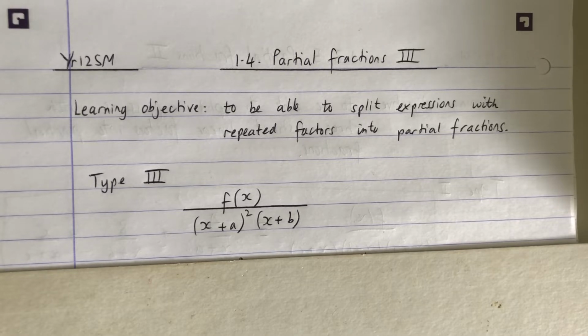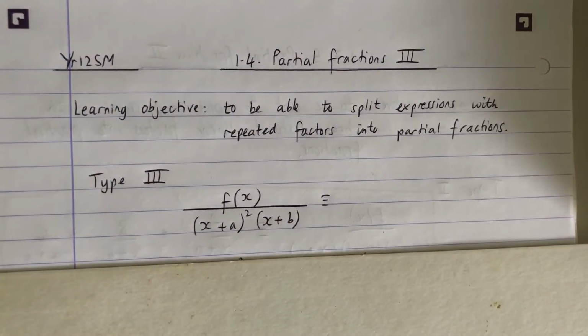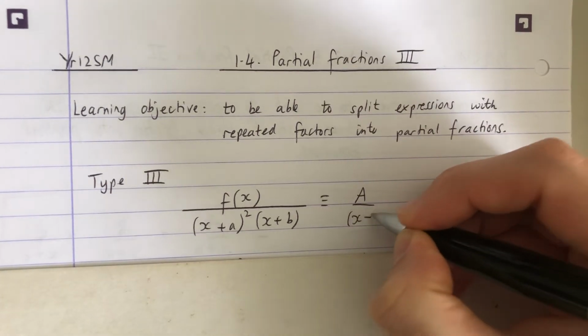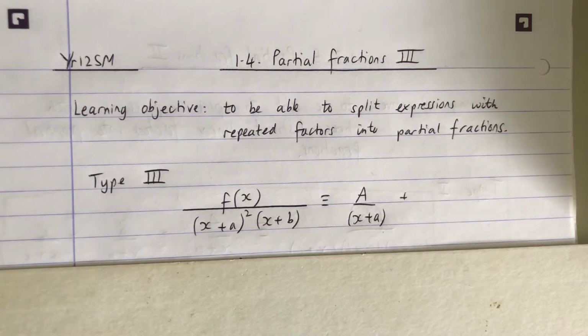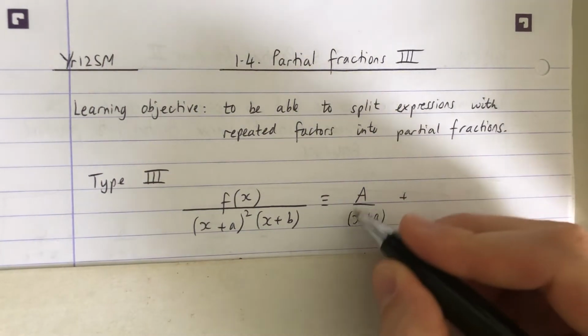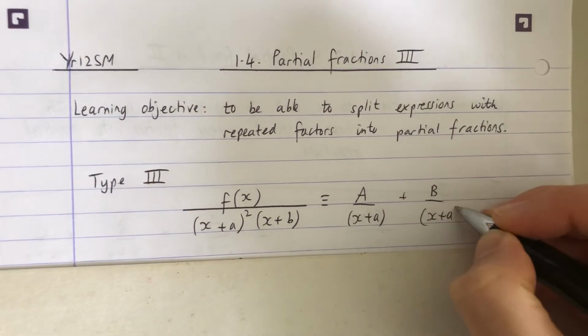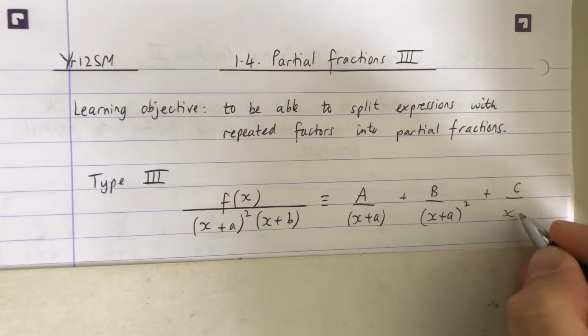Now, this is the most difficult one to remember, and it is not intuitive, and that's one of the reasons why it's difficult to remember. But this splits up into not just an x plus a squared and an x plus b, but the repeated factor once, then the repeated factor twice, and then x plus b.